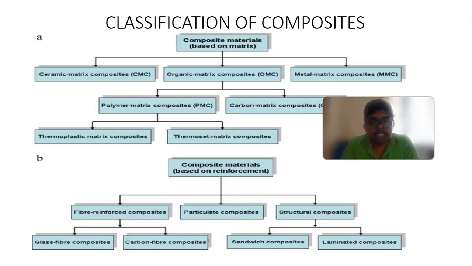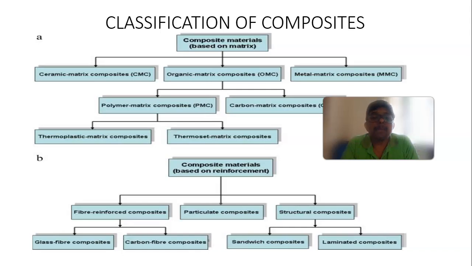Let me take a good example of particulate composites: coating techniques. Wherever components are manufactured using metals or non-metals, in order to avoid rust, we coat the concerned component with the help of these particles.